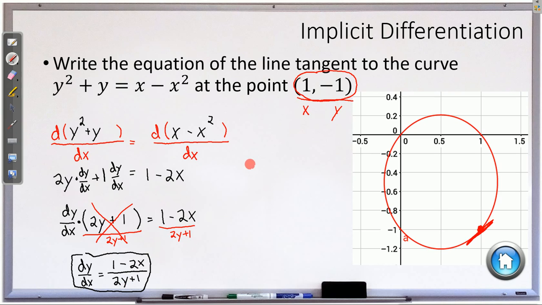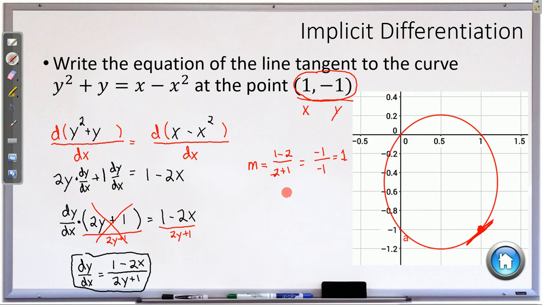So our slope is going to be 1 minus 2 over negative 2 plus 1, which will give us negative 1 over negative 1, which is positive 1. And because we have a graph here, hopefully we look like we're on the right track. That definitely looks like a slope of positive 1.